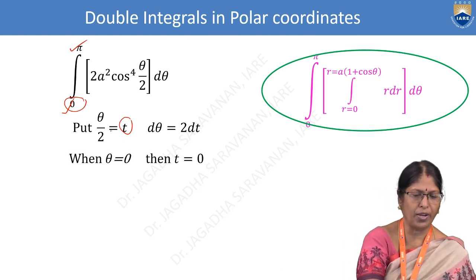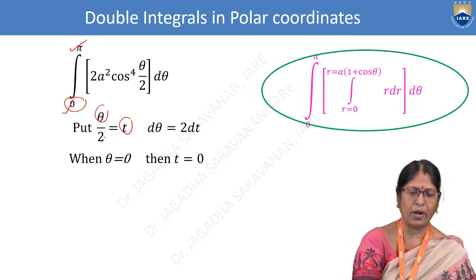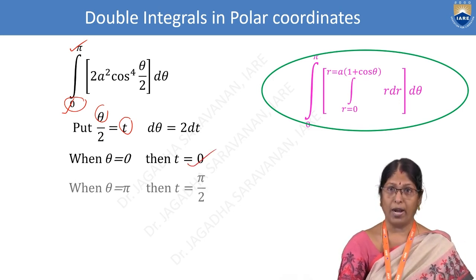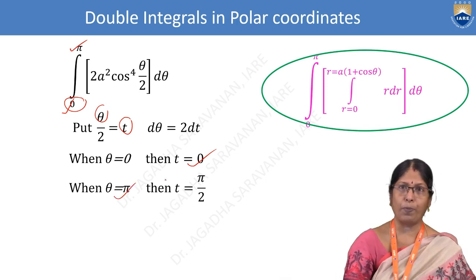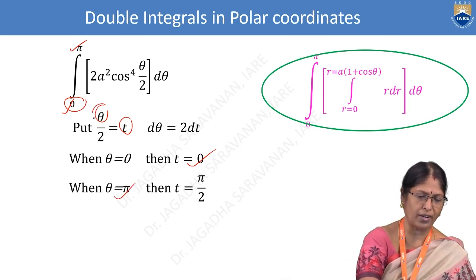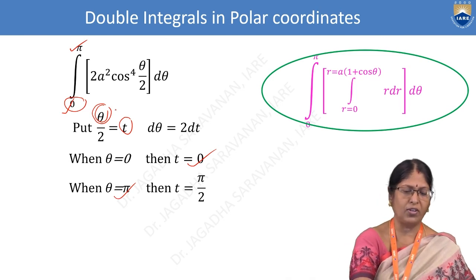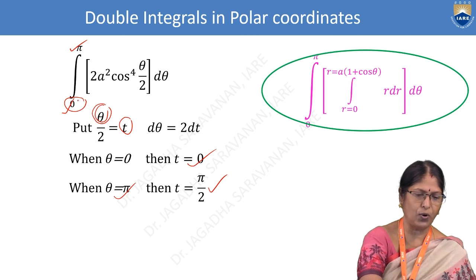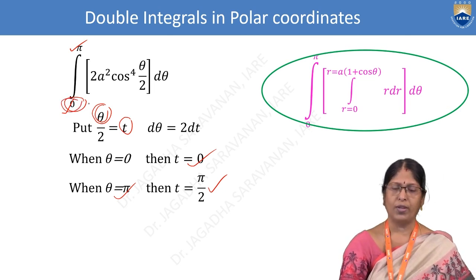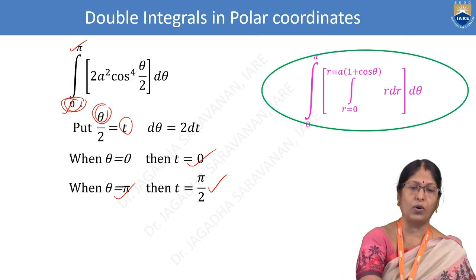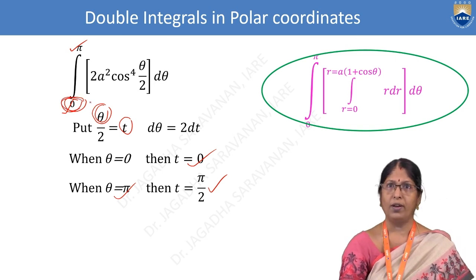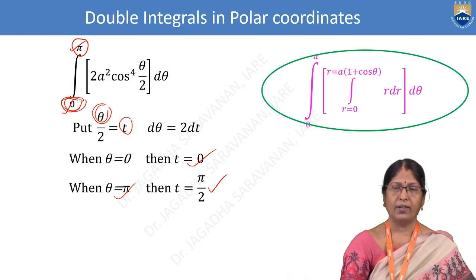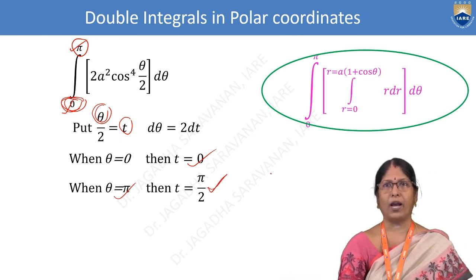Substituting 0, 0 by 2, for t there is no change at all. But when theta equal to pi, substituting pi in the theta place, t has become pi by 2. So when theta equal to 0, t is also 0, but when theta equal to pi, t is becoming pi by 2.